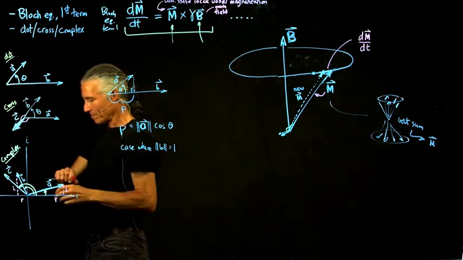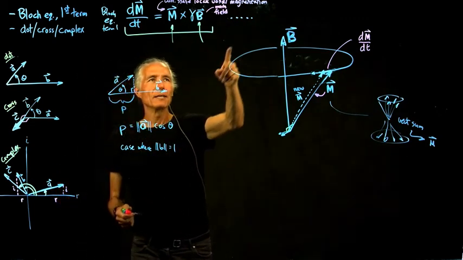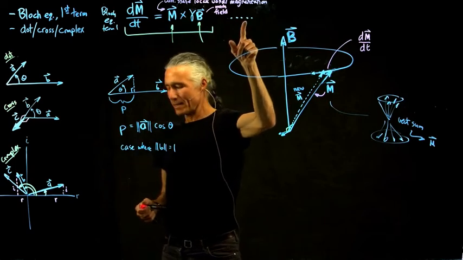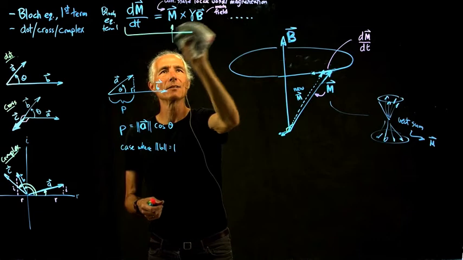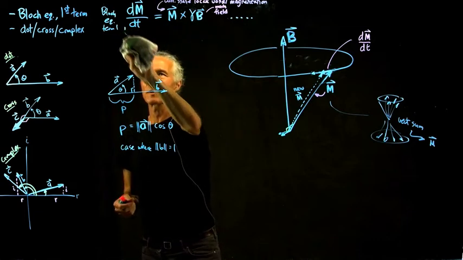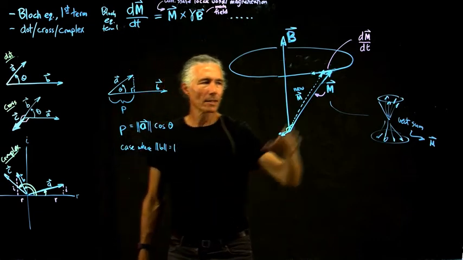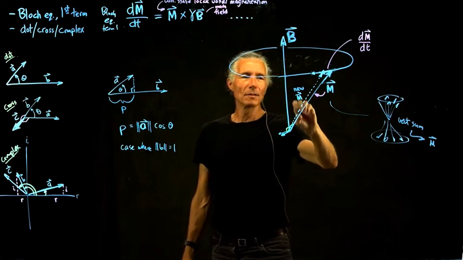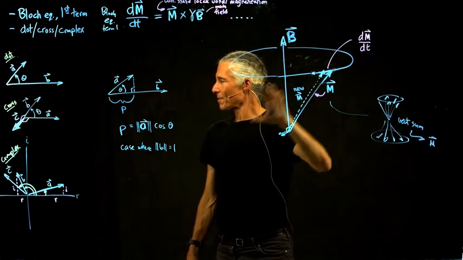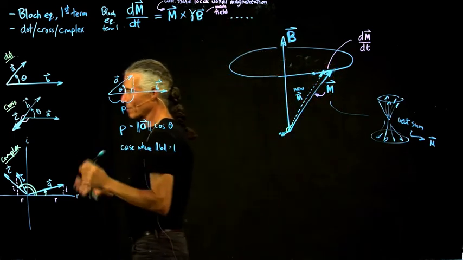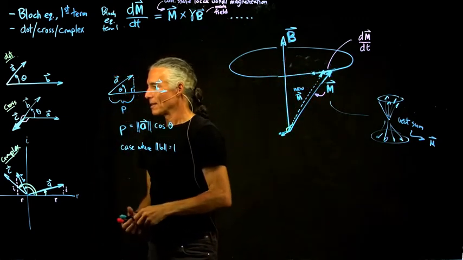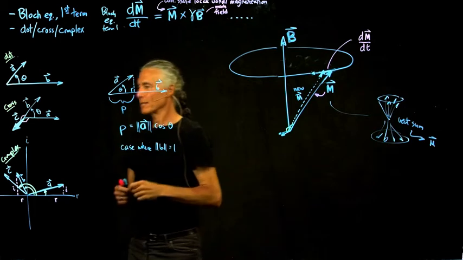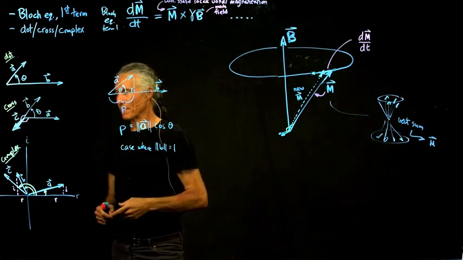So when we get to the other terms in the Bloch equation, we'll see that those terms actually do change the length of the m vector. They can sort of shrink it down, make it grow, and so they can move it in any direction. So it doesn't have to be just along the circle. But this part of the Bloch equation just explains the precession part.